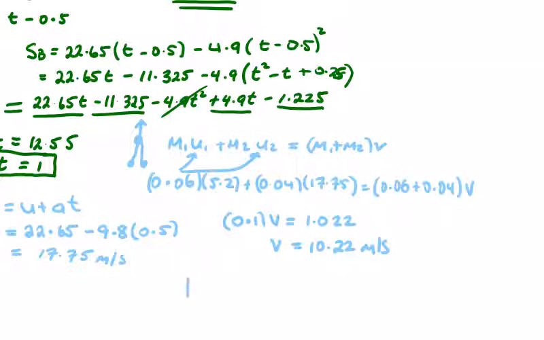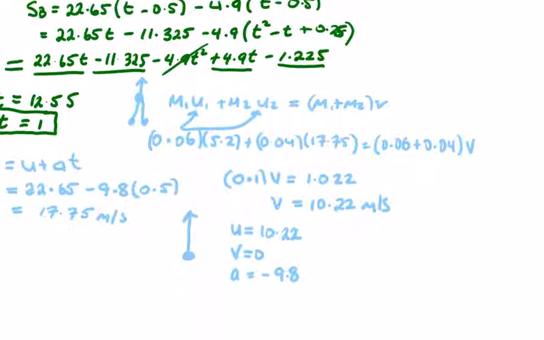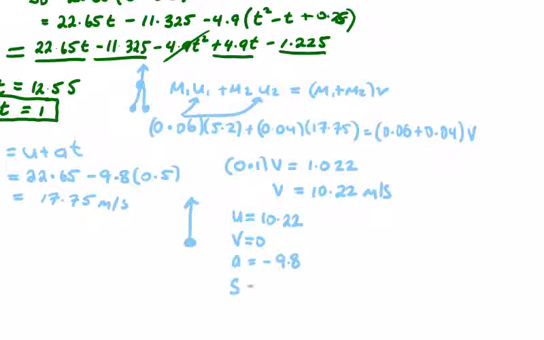And we want the greatest height reached. So they collide at this point, they have a new speed. So that will be my u. At the greatest height, the velocity will be equal to 0. We have a is equal to minus 9.8. And we're looking for the greatest height, s, v squared, u, v, u, a, s.